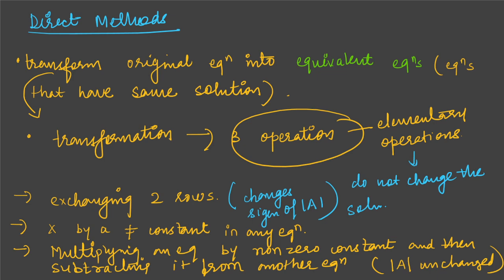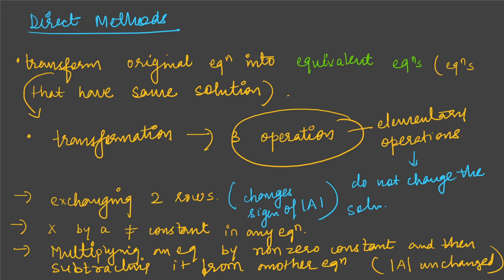And how does this transformation go? This transformation is done by using three operations that are called elementary operations. The first one is if we exchange two rows. The second one is if we multiply any equation by a non-zero constant. And the third elementary operation is if we multiply an equation by a non-zero constant and then subtract it from another equation.